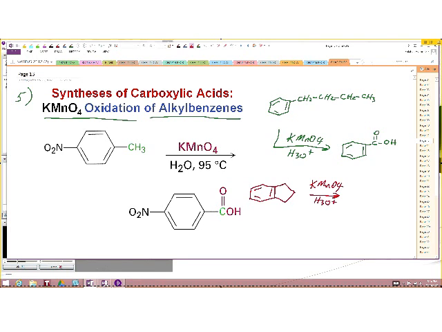This carbon here becomes a carboxyl group, and this carbon here becomes the carbon of the carboxyl group, and this carbon here will be gone as carbon dioxide.